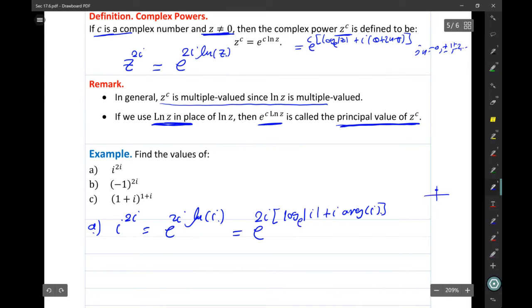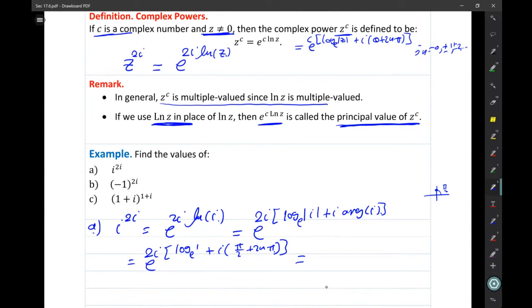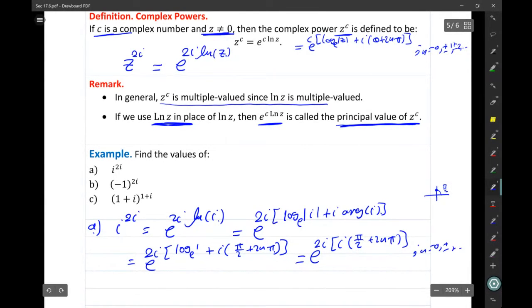The complex number i is located here, so theta is π over 2. So it is e to the power 2i times (the absolute value of i, which is 1, logarithm of 1 with base e, plus i times (π/2 plus 2nπ)). Now logarithm of 1 with base e is equal to 0, so we have e to the power 2i times i times (π/2 plus 2nπ), where n is equal to 0, ±1, and so on.